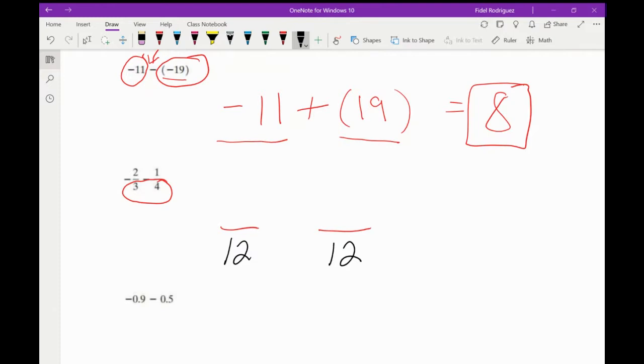Now I'm going to look at the first one, which was a 3. What did I multiply 3 by to get 12? I multiplied it by 4. So I'm going to multiply this guy by 4. So there's still a minus sign there with an 8.